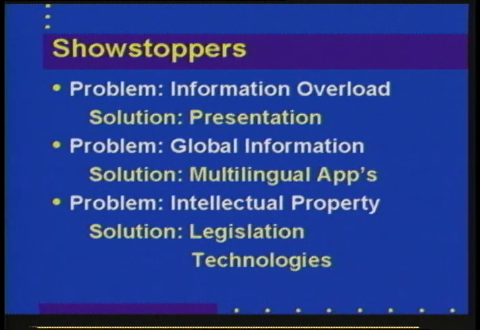And the third problem is one that I will not focus on, but must not be forgotten: the intellectual property issue. Of course, legislation matters, and so do new technologies for wrapping metadata around digital objects so that you know who can use what, under what conditions, payment, commerce, and use. This is a showstopper. This is a very serious issue.